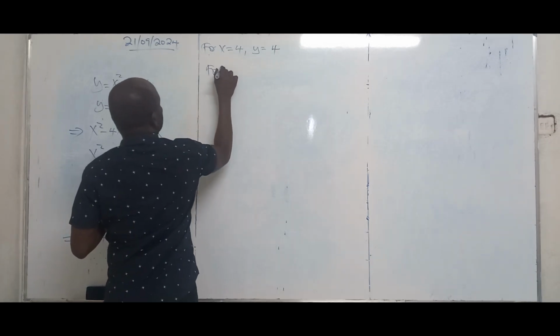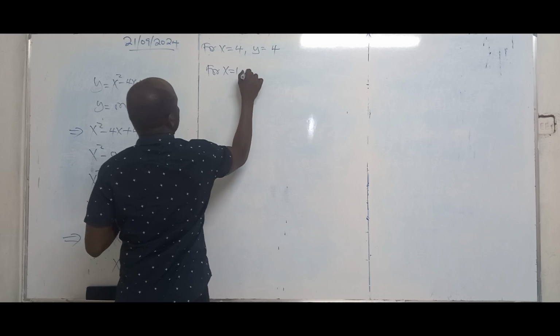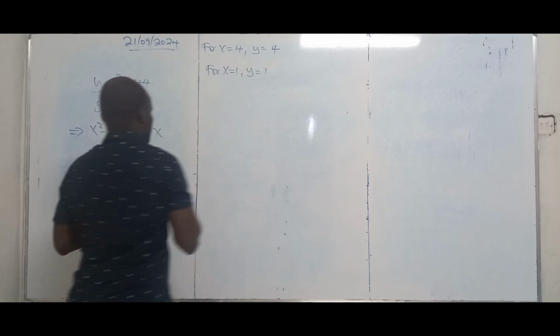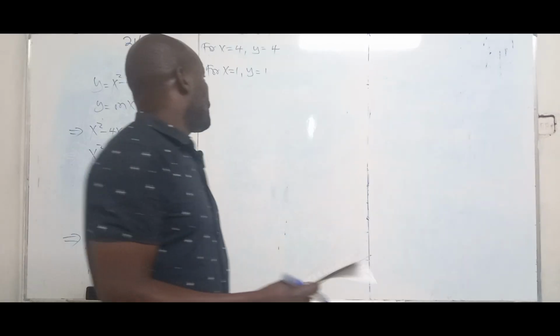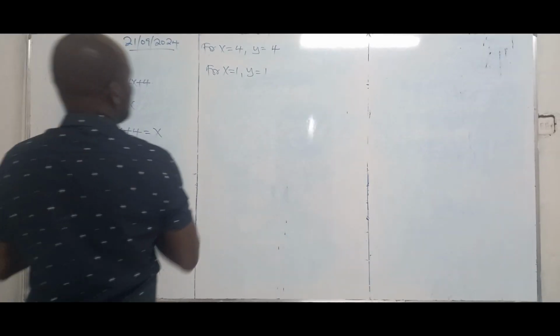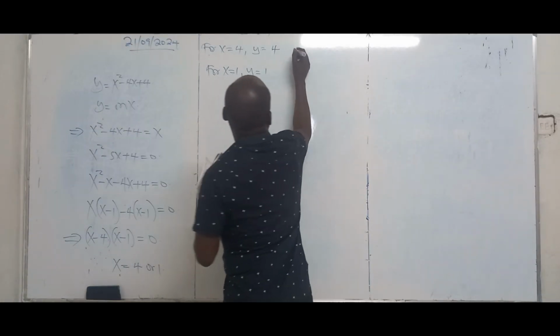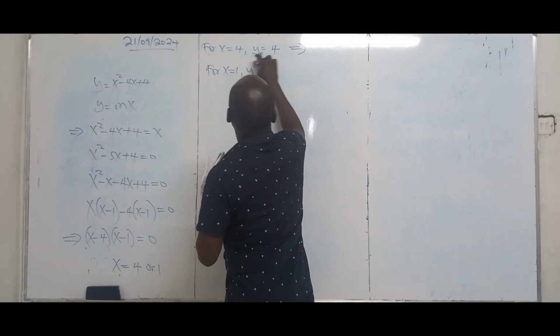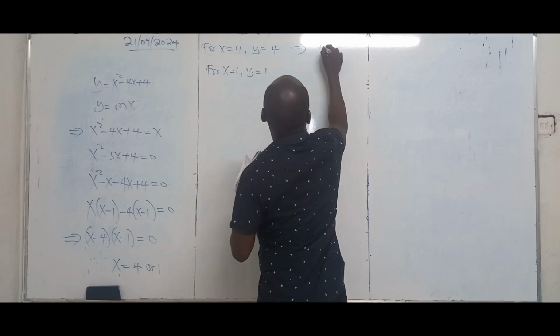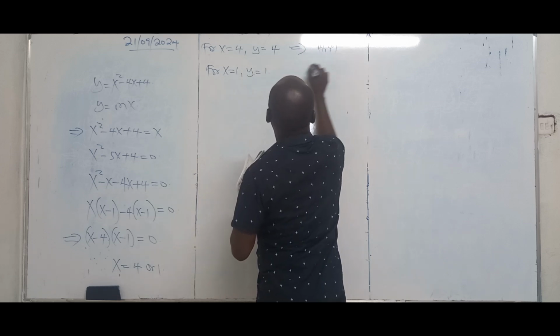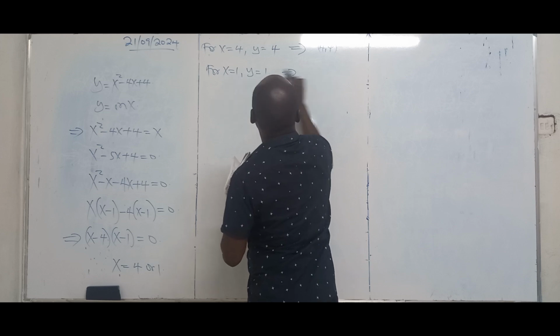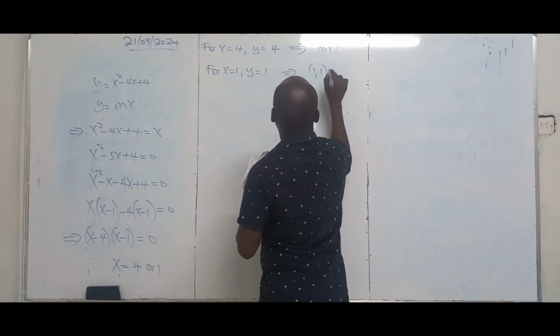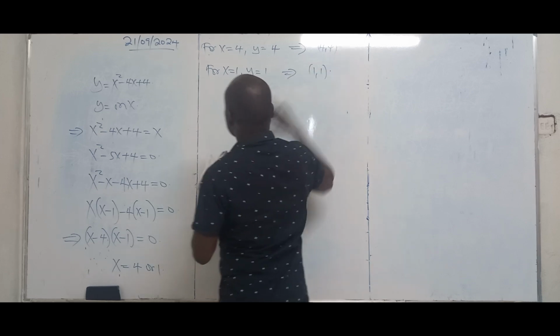For x is equal to 1, y is 1. So the 2 points are: one with the coordinates 4, 4, and the second with the coordinates 1, 1. So either can be A or B.